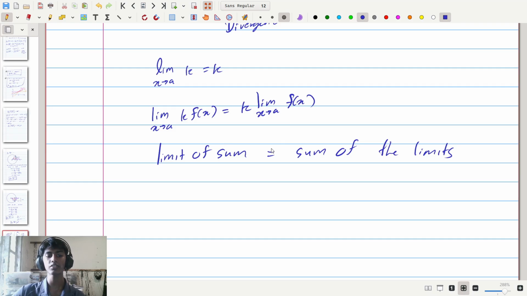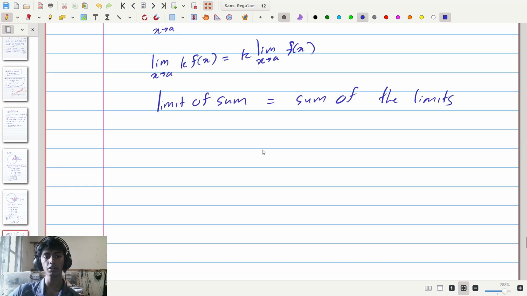And then we discussed how the limit of some function to the power of n is equal to the limit of that function, whole thing raised to the power of n. Similarly, the nth root of a function is equal to the nth root of the limit of that function. To stay within the real numbers and prevent certain divide by zeros and other errors, we want n to be an element of the natural numbers.